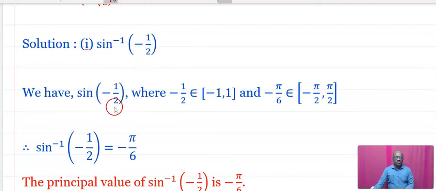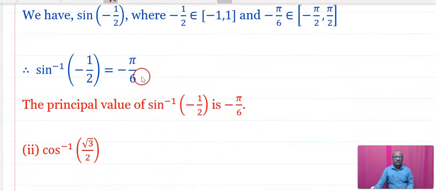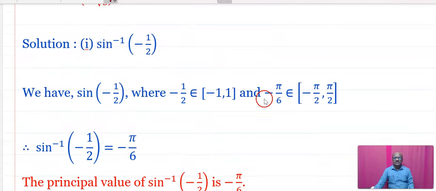We have sine inverse of minus 1 upon 2, where minus 1 upon 2 belongs to the closed interval minus 1 to plus 1, and minus pi by 6 belongs to minus pi by 2 to plus pi by 2. Therefore, sine inverse of minus 1 by 2 is equal to minus pi by 6. And therefore, the principal value of sine inverse of minus 1 by 2 is minus pi by 6.